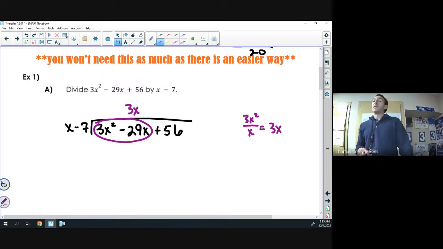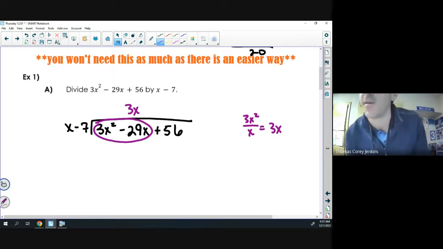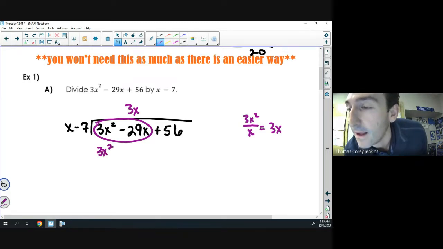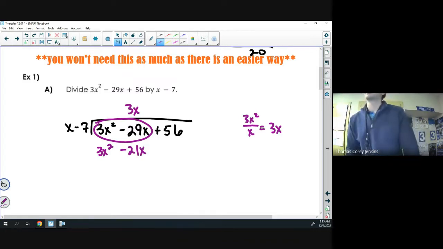All right, now we do the same thing we did on regular long division. We have 3x times x minus 7, okay? So 3x times x is 3x squared. 3x times minus 7 is minus 21x. Now, the 3x squared thing, that should always happen, okay? You should always cancel that first term.